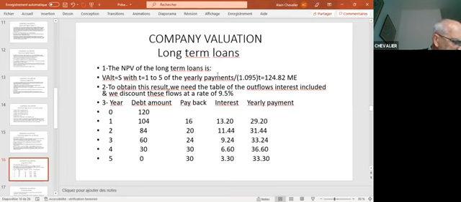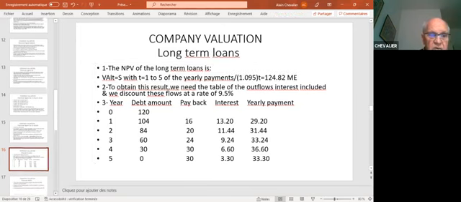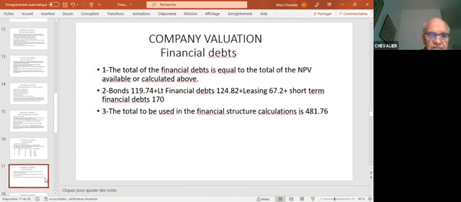When you discount this at the market interest rate at the time of the analysis, which is 9.5 and not 11, you find 124.82. So you have, in fact, translated all these numbers into market values.